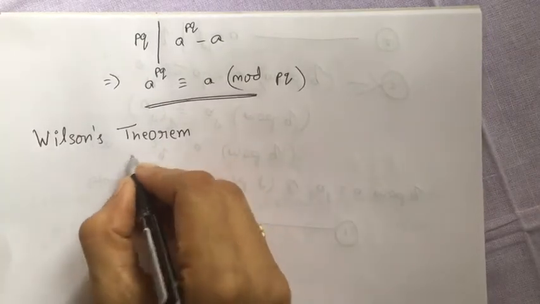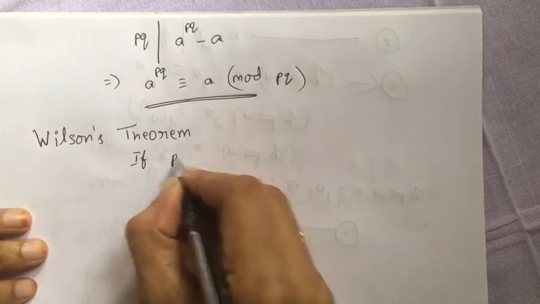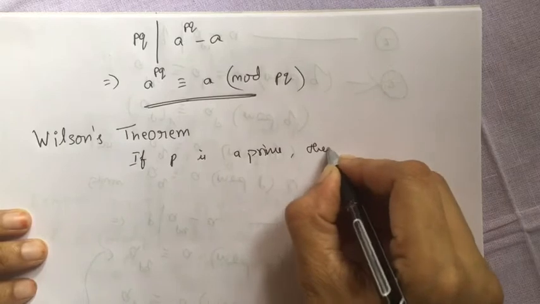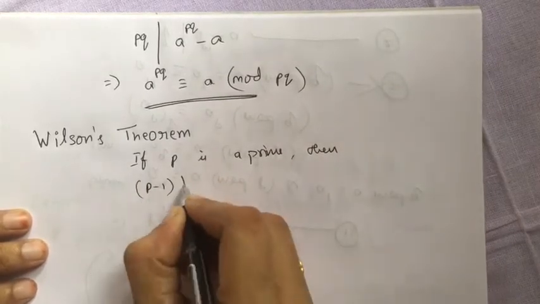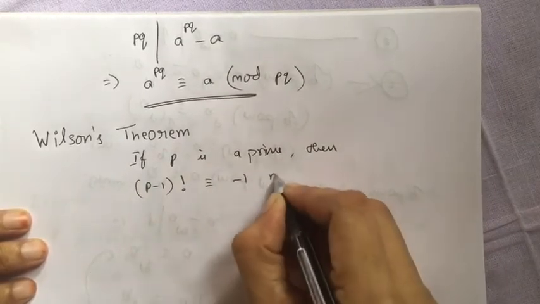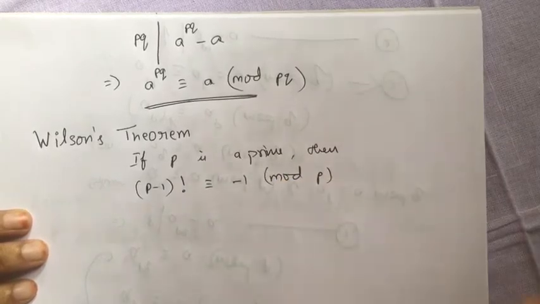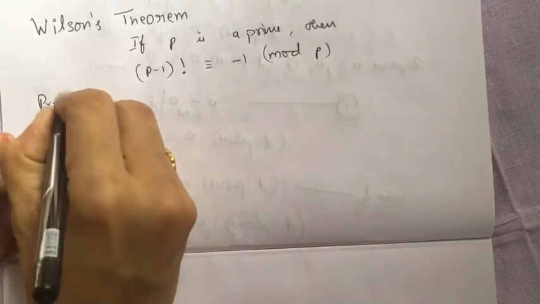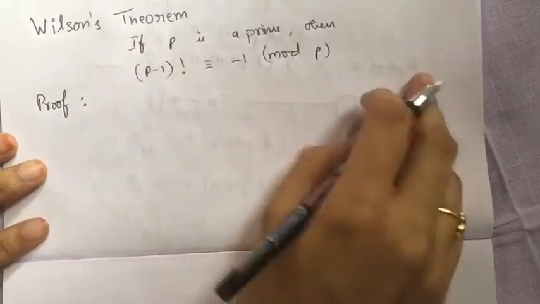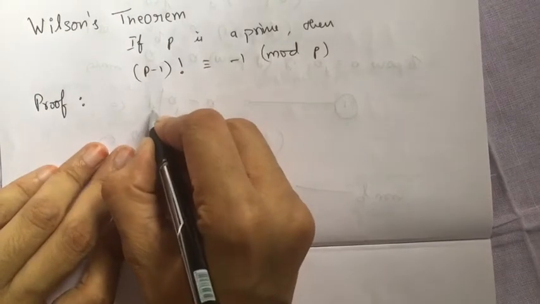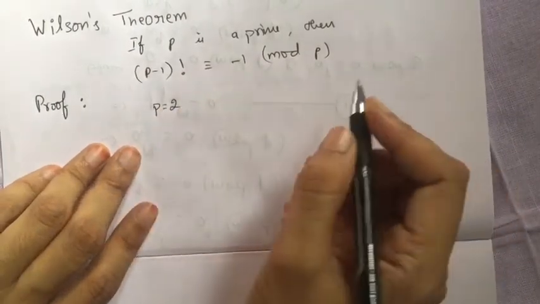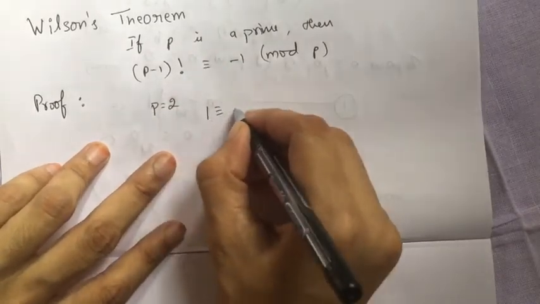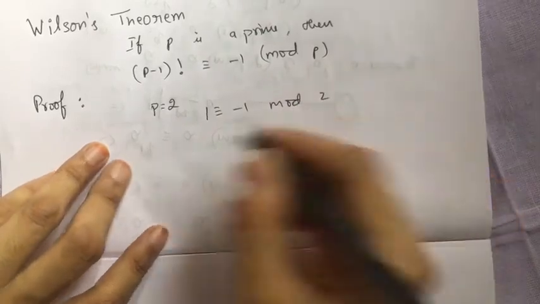It says if p is a prime, then (p minus 1) factorial is congruent to minus 1 mod p. The proof for this was given by Lagrange. You can check it out. If p equals 2, then 2 minus 1 is 1, and 1 is congruent to minus 1 mod 2, no doubt in that.